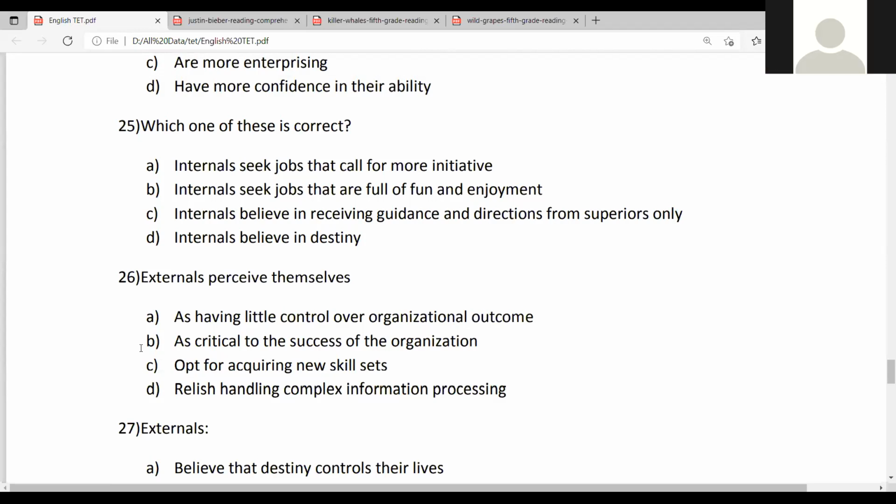Yes, because internals feel that they are responsible for the success of the organization. Externals see themselves as having little control over organizational outcome. We have no control, what to do now. So these are externals.